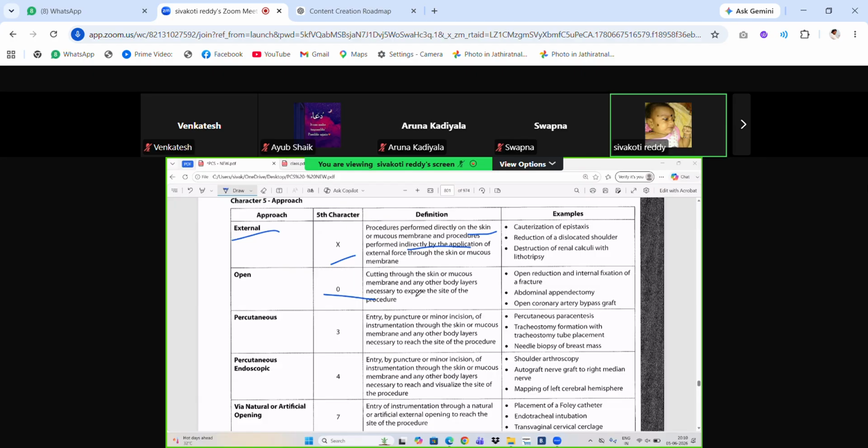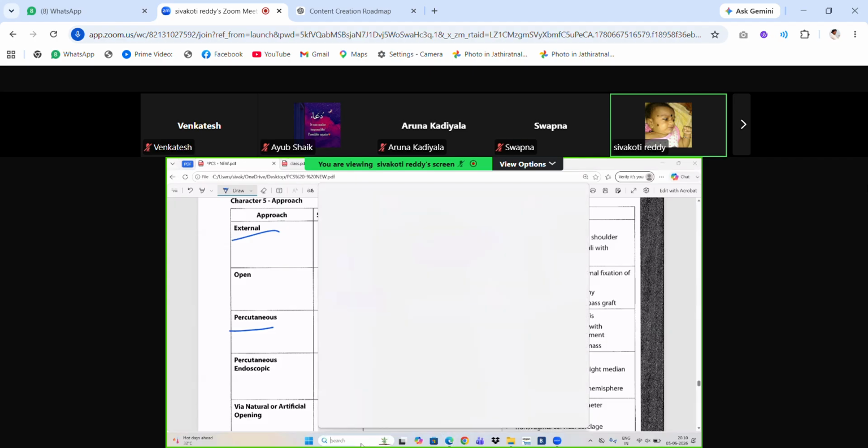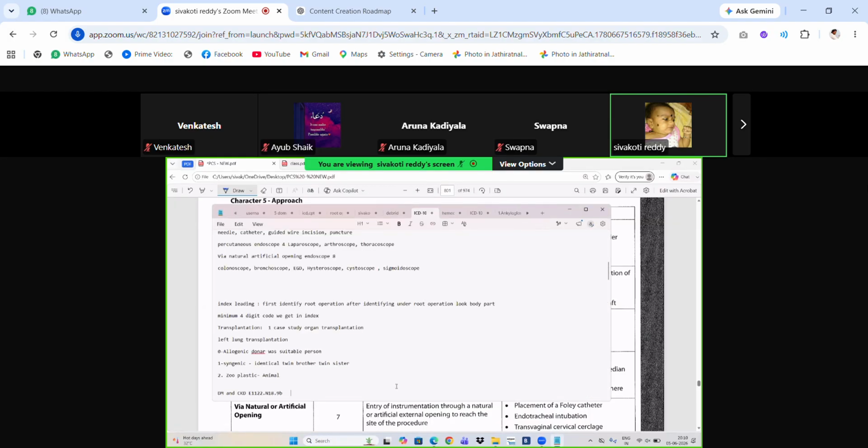Next, percutaneous. Percutaneous means here they will puncture or make a minor incision. They will puncture our body or make a minor incision. It should be percutaneous, like using a needle or catheter or guide wire.